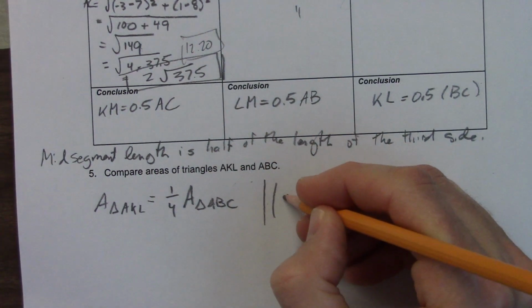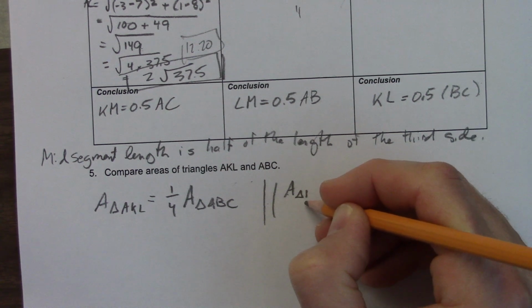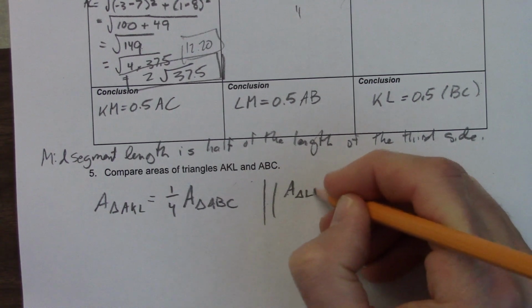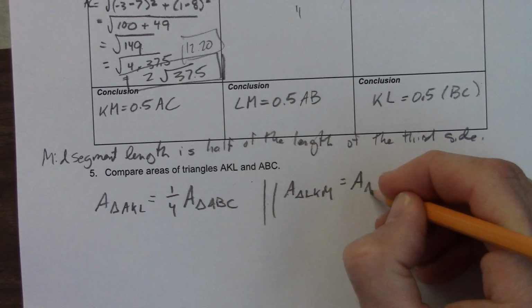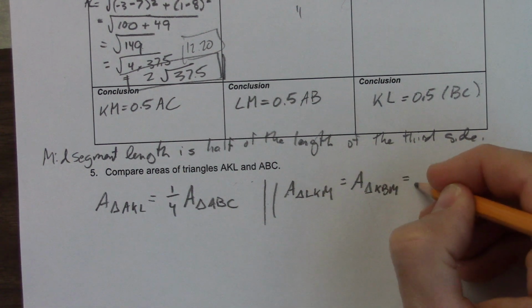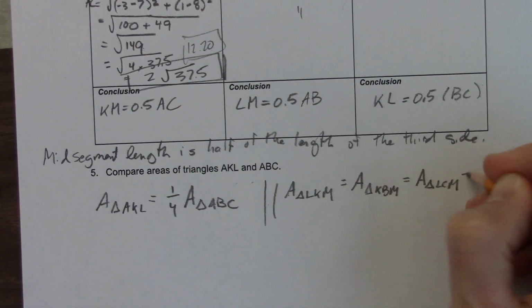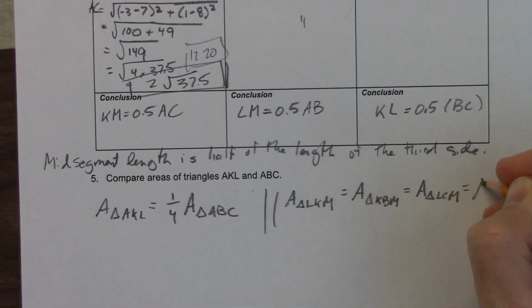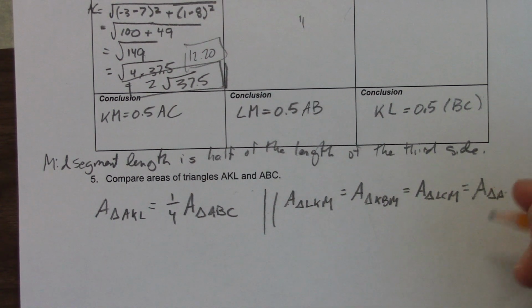And the area of triangle LKM is going to be equal to the area of the triangle KBM, which is equal to the area of the triangle LCM, which is equal to the area of the triangle ALK.